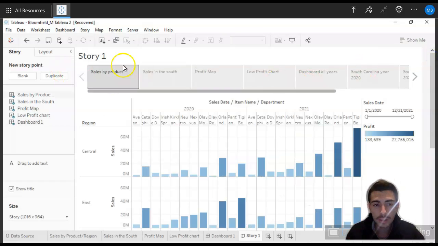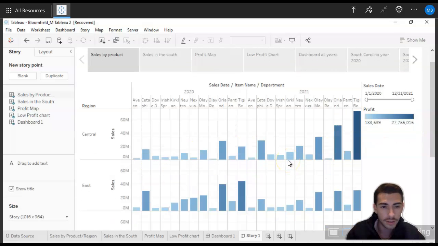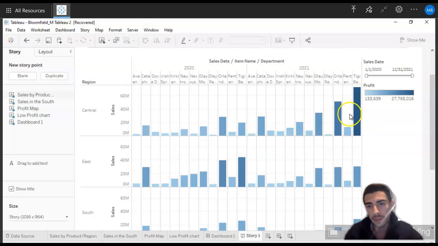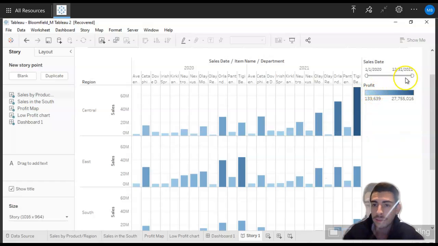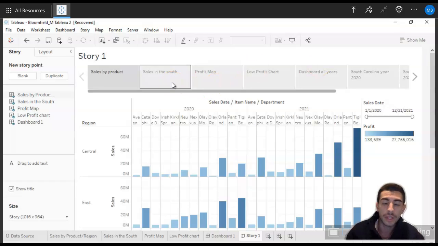Up here in the stories, I included sales by product, which, as you can see, is the region, central, east, south, and on and on. It will show you also department, item name, which year, how much profit it has, the sales. Then we have also sales in the south.